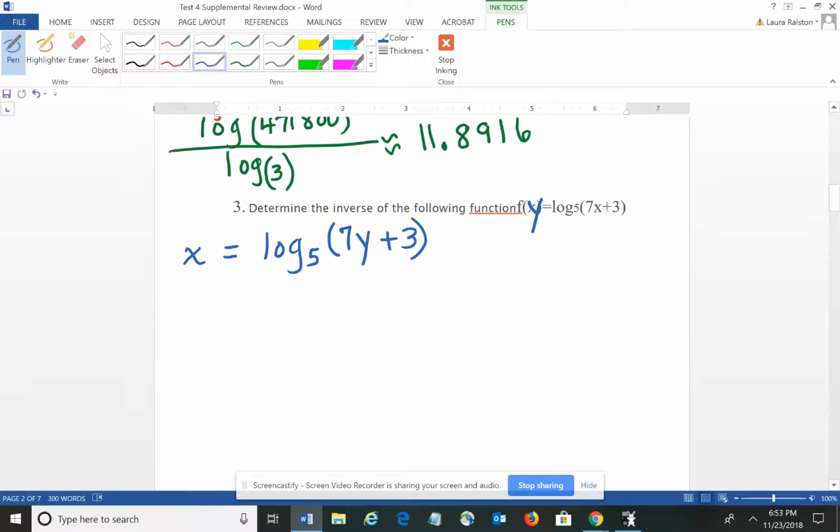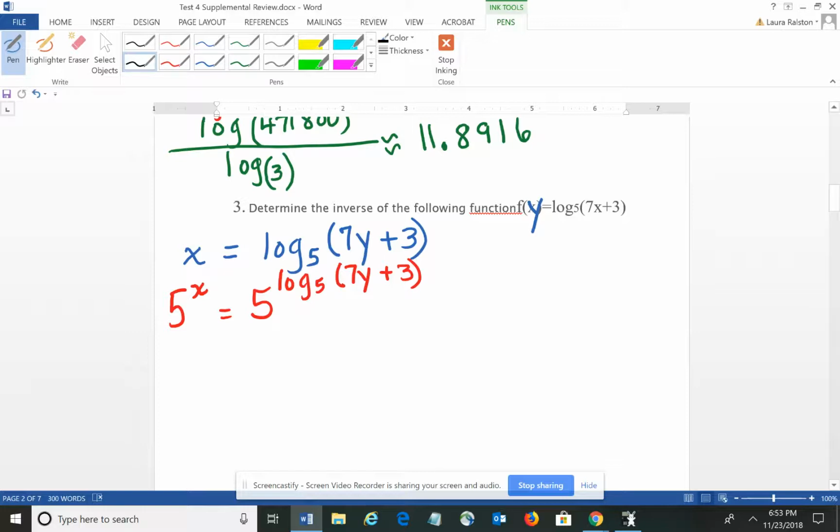And then my goal there is to solve for y. So the first thing I'm going to do is I need to eliminate the log. I'm going to do that by raising both sides to the fifth power. So I'm going to do 5 to the x equals 5 to the log base 5 of 7y plus 3.